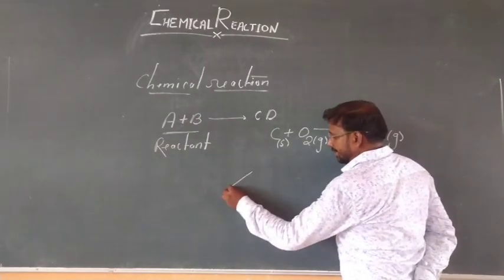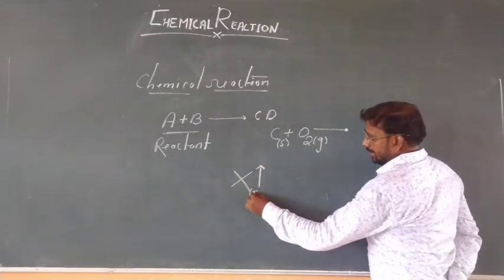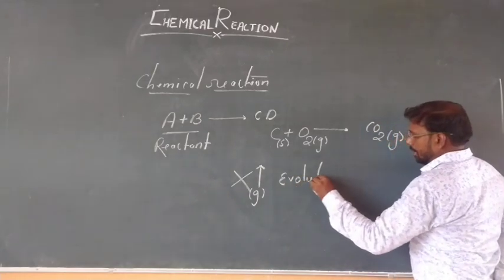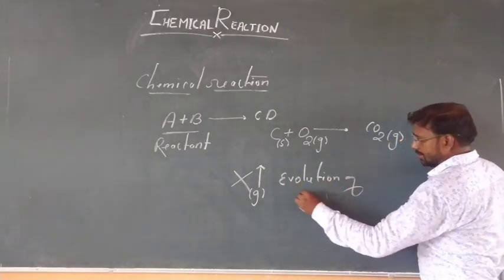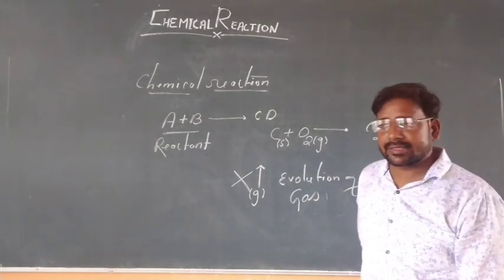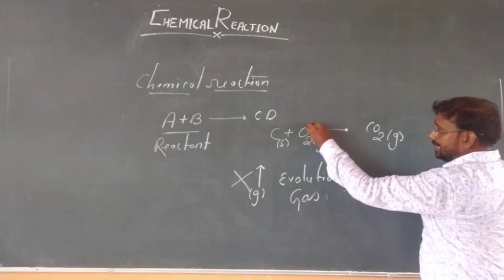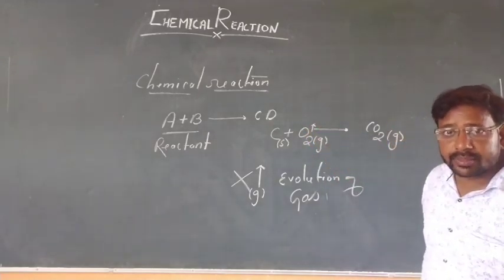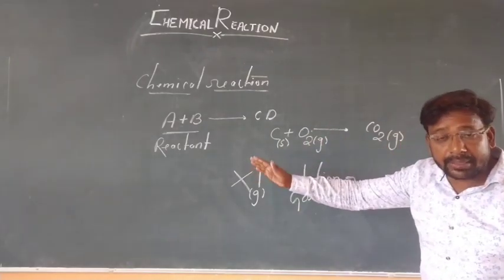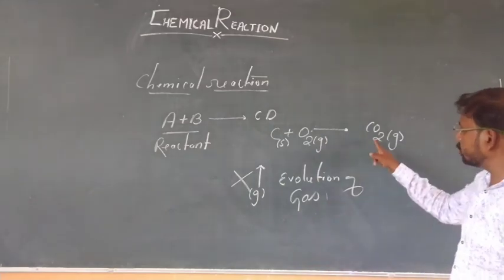Suppose if any element is there, I will write an arrow like this. It means evolution of gas. Evolution of gas means formation of gas, and this sign you cannot put on the reactant side, because on the reactant side you are giving oxygen, but after the reaction new substances are formed, that is also gas.